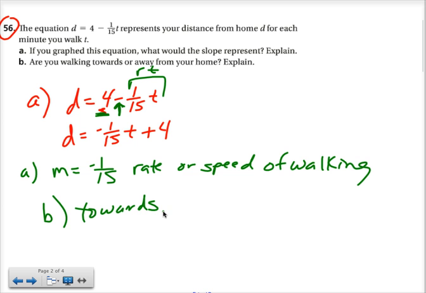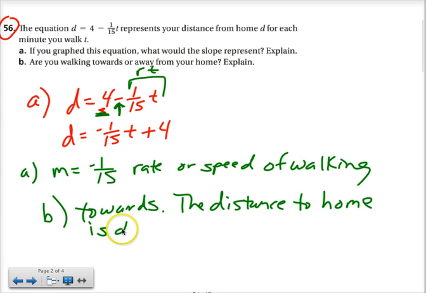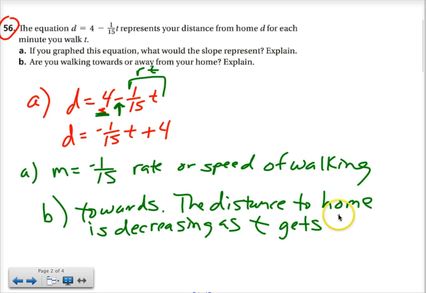And explain the distance to home is decreasing as t, well, we'll just put as t since it's time, as time gets longer, bigger.